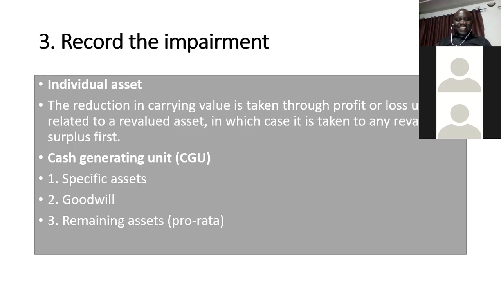So the reduction in the carrying value is taken through profit or loss, unless related to a revalued asset, in which case it's taken to any revaluation surplus. But otherwise, when you're actually looking at the reduction in terms of the impairments, it has to go through profit or loss. If not, then it goes under the revaluation surplus account.